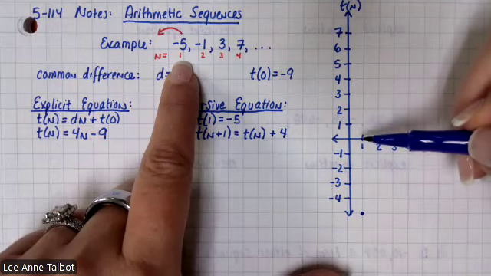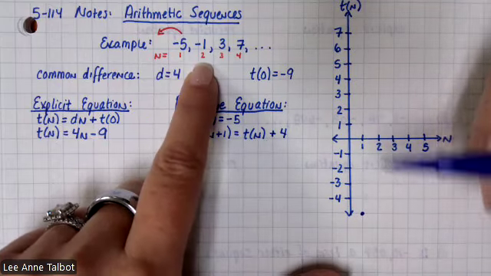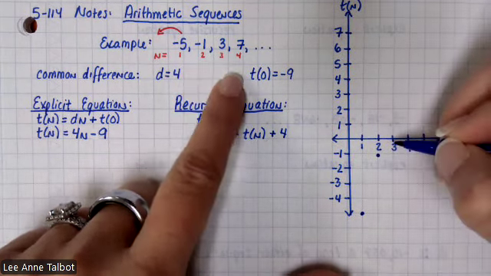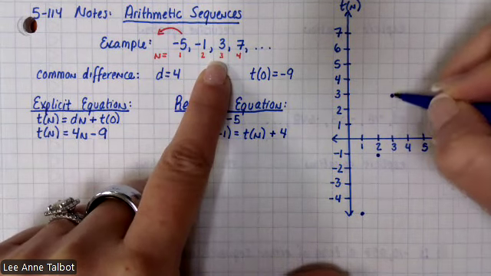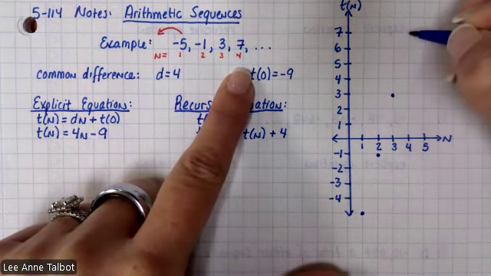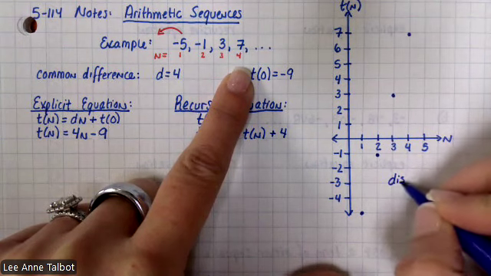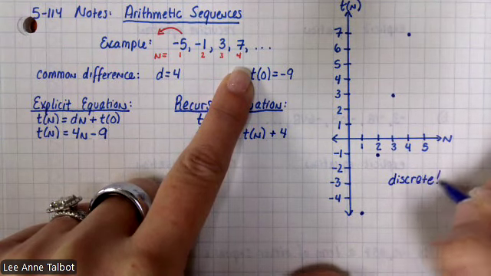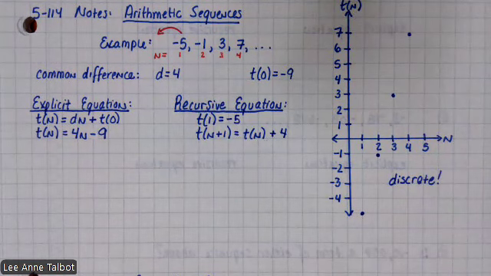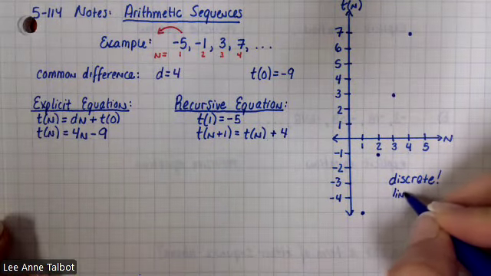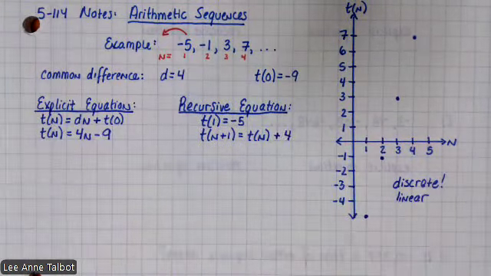So you're saying the first number is -5, the second number is -1, the third number is 3, the fourth number is 7. And do not connect the dots, as satisfying as that might be. Do not connect the dots, but the dots should be in a linear pattern.